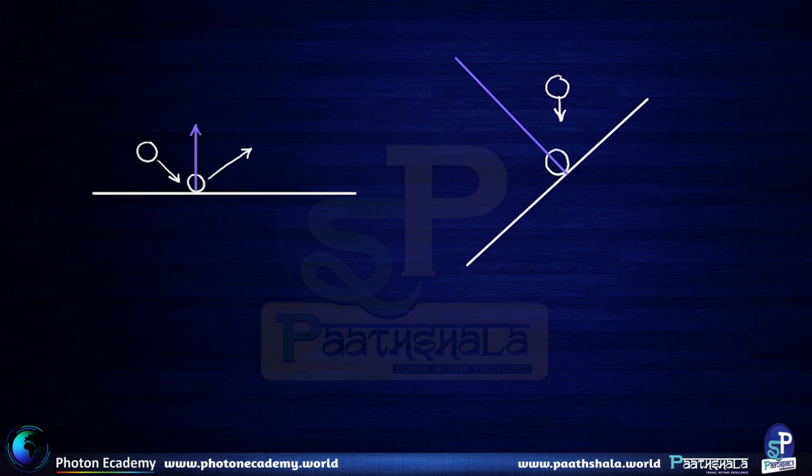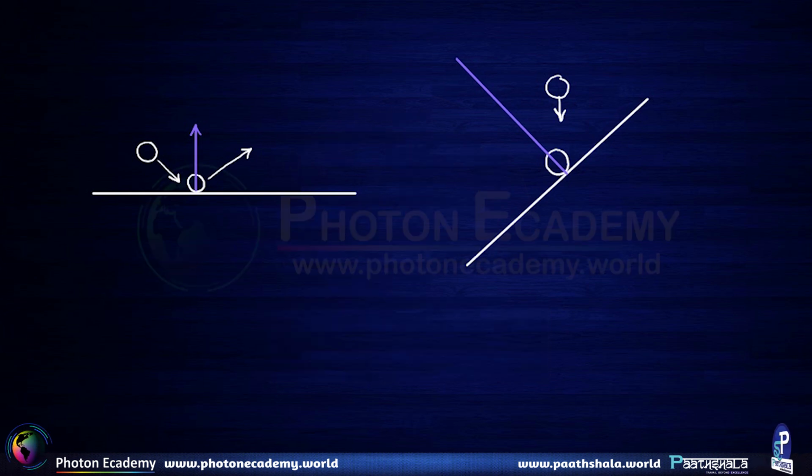So it is normal to the circle, that means it has to pass through the center of the circle, and it is normal to the plane, that means it has to be perpendicular to the plane. So the line of impact is shown over here. So the coefficient of restitution equation has to be applied at this point of contact along the line of impact.